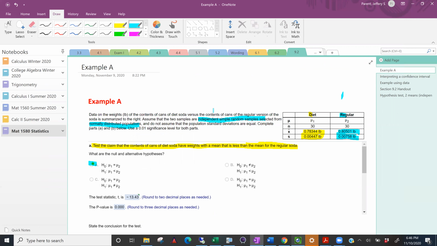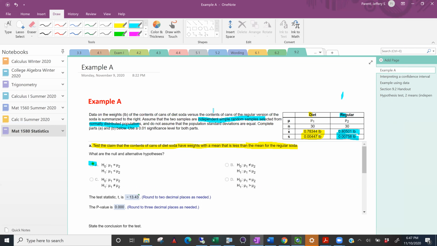And while we're here, we can copy down some information. I highlighted that in two different colors for diet and regular. So the number of diet cans, call it N sub D, was 30. The mean X bar sub D, remember X bar is going to be your sample mean, not the population mean, 0.783, and that's in pounds.